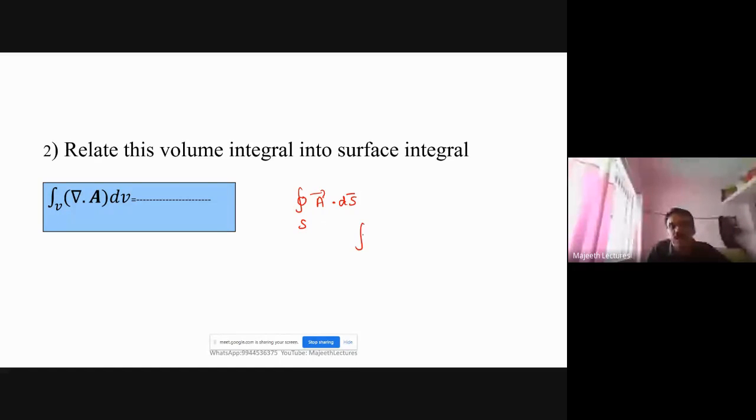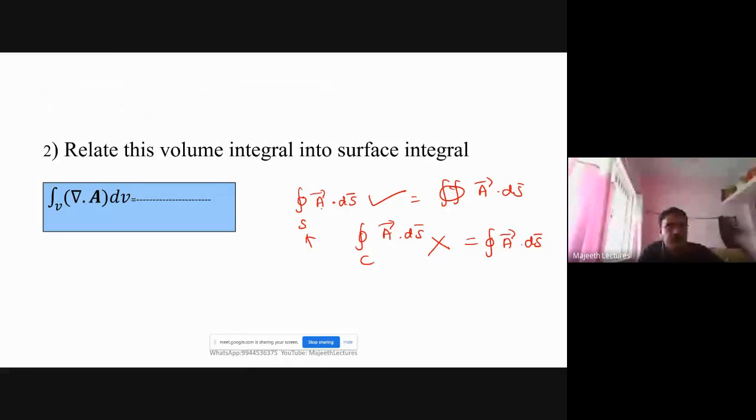Suppose if they give closed C, A dot dS means it is closed line, not a surface. So this is wrong answer. This is the right answer. It is surface or double integral. Otherwise, it must be double integral A dot dS. It is C, A dot dS closed means it is single integral A dot dS. Right? You understand the difference? That is very important.